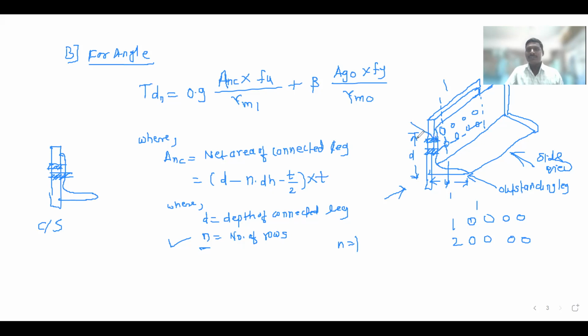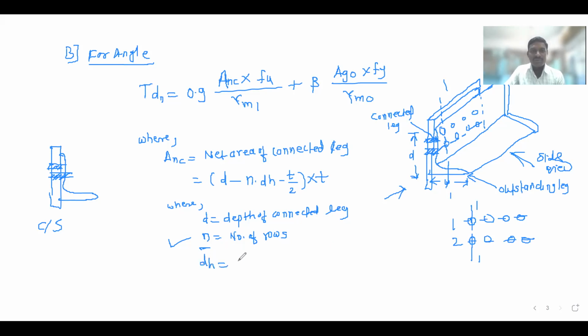So this is your connected leg. Got it? Remember, in an angle, n is the number of rows.